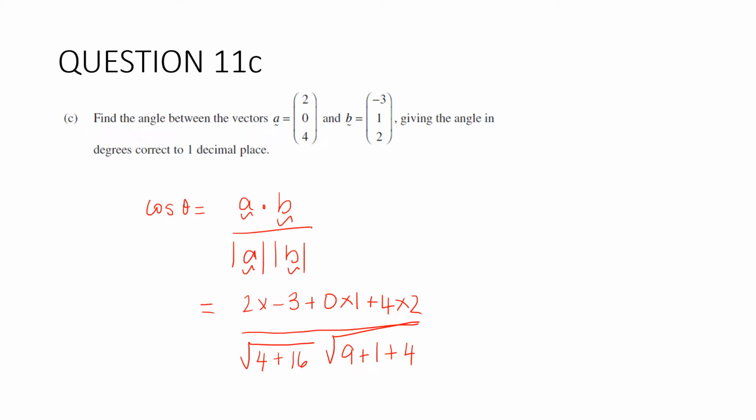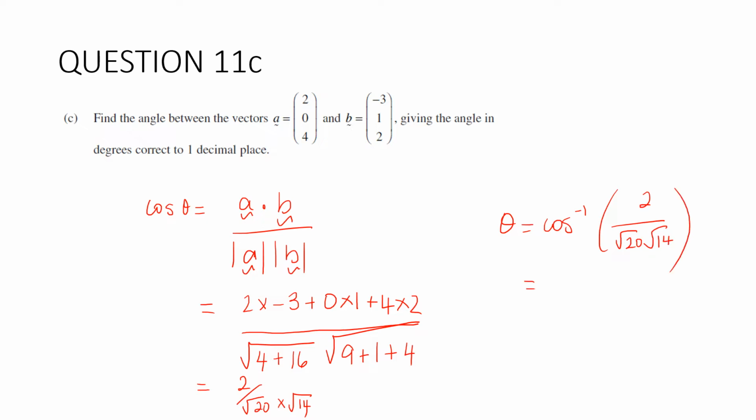Right, let's just tidy that up a little bit. So 2 times negative 3 is negative 6 plus 8 is 2, over the square root of 20 times the square root of 14. All right, so θ is going to be inverse cos of all of that. Let's grab my calculator.